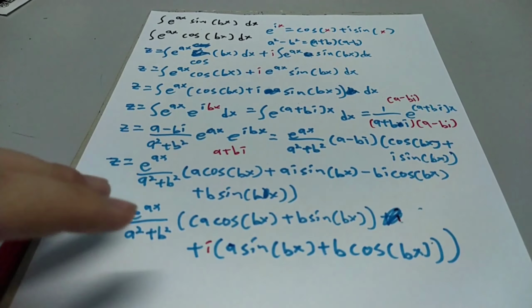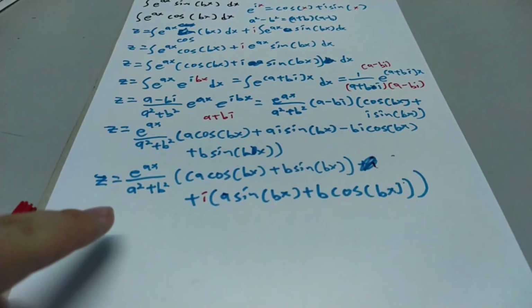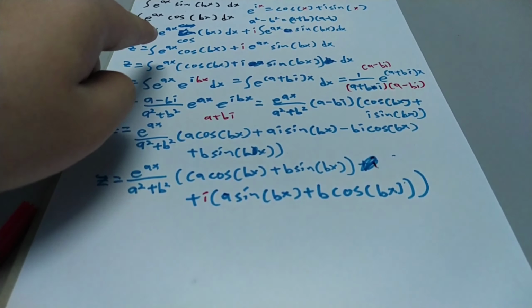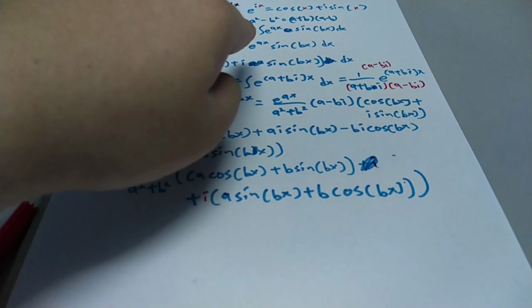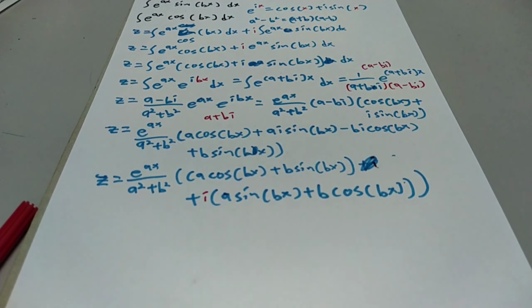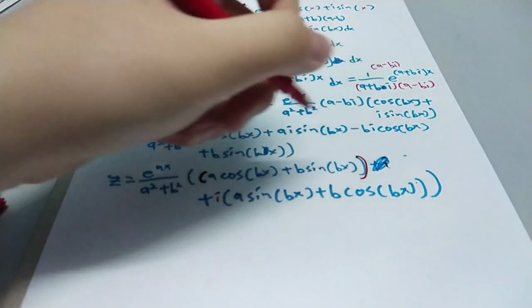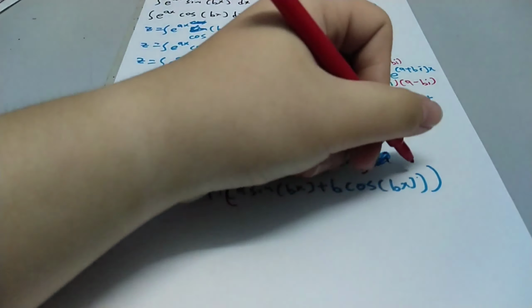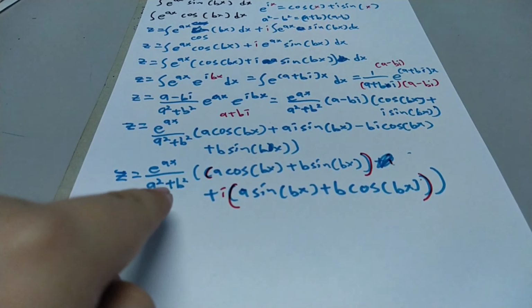Now let's talk about the real part and imaginary part. Remember, what is the z? The z is the integral of e power of ax times cosine of bx dx plus the letter i, the imaginary number, times the integral of e power of ax times sine of bx. And the final solution we got here is e power of ax over a squared plus b squared.